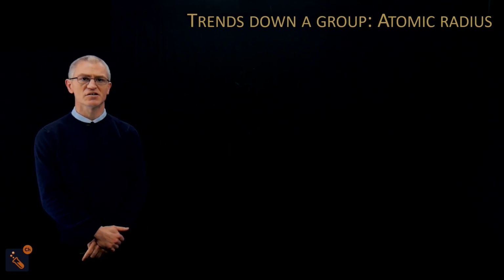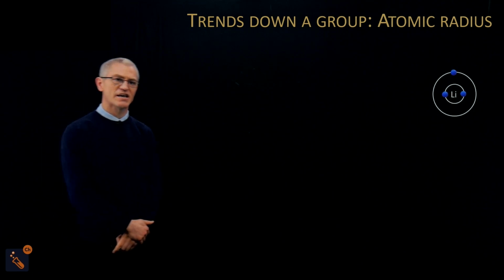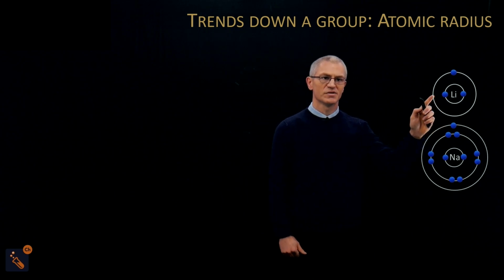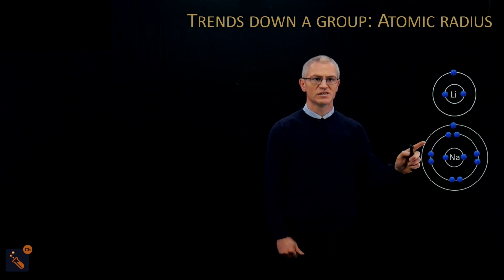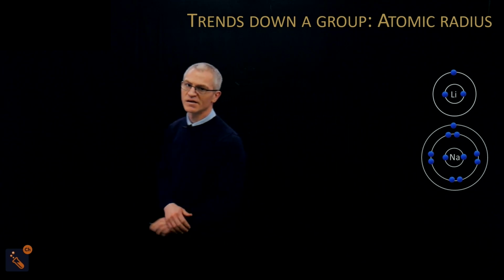Now let's look at going down the group. Again, we're going to take out a couple of examples here, and you can see this time, if we go from lithium to sodium, there's an extra shell. So there were two shells, and now there are 3.